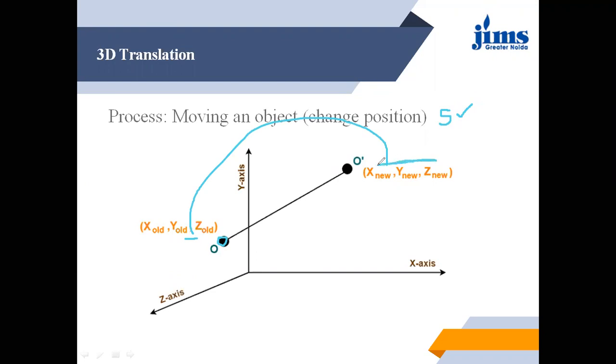So in this case we have to find out the values of the x, y, and z coordinates. Some values will be given to us, telling how much we have to change the location on the x-axis, y-axis, or z-axis. We will see this in the next slide.